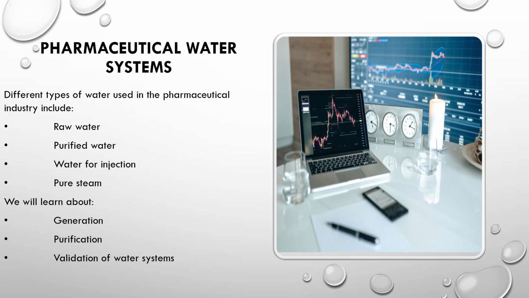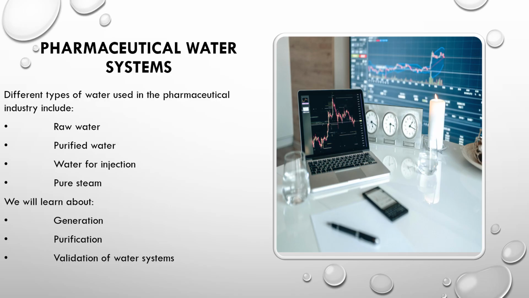This is one of the purest forms of water used in the pharmaceutical industry. For example, when producing vaccines or injectable medicines, the water used must be extremely pure because it will enter the human body directly. Even the smallest contamination could affect patient safety.